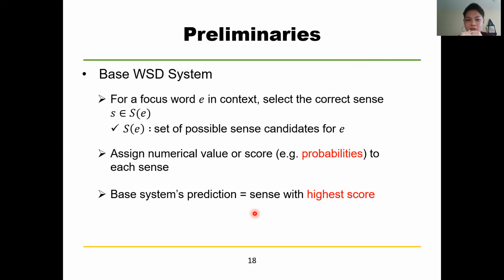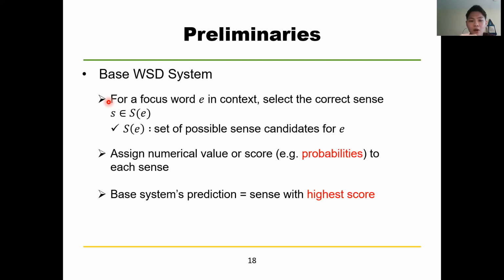So first, I'd like to introduce our assumption here. As I mentioned earlier, our proposal is a method which can be applied to a base WSD system, so we actually need an actual WSD system to test our methods on top of. We assume a base WSD system performs WSD formulated as follows. For a focus word in context, the base WSD system selects the correct sense S from the set of possible sense candidates.